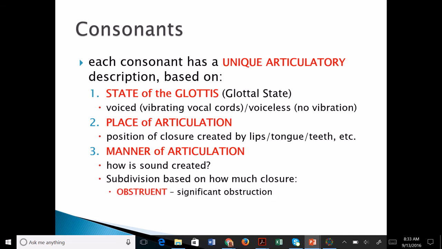Those sounds are called obstruents. Stops, fricatives, and affricates are called obstruents. And think of obstruent as obstruction. There's that obstr at the beginning. So obstruents have this very significant obstruction, where you either totally block the airflow entirely, or you narrow it down so much that you create friction of air as it passes through, which is what a fricative is.